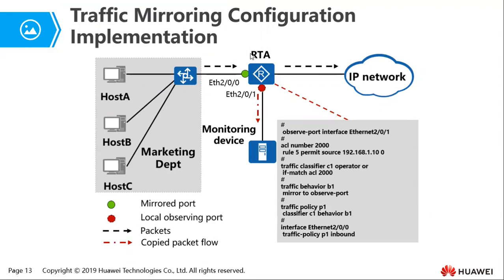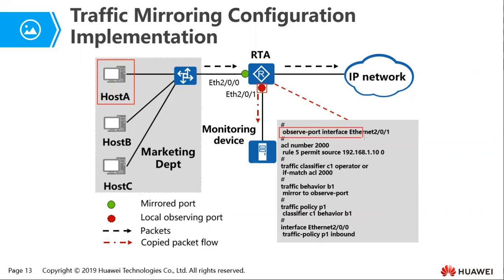So let's look at that scenario. In this particular scenario, we want to configure this mirrored port to capture packets, for example, from just host A. How do we do that? This is our observing port.